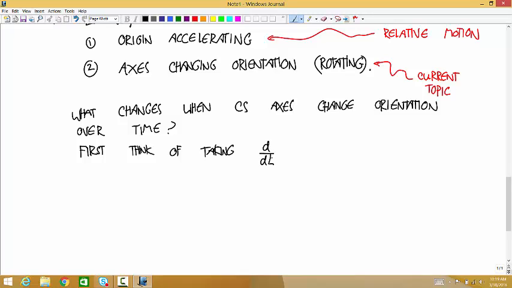So take d dt of a vector u. This is just some arbitrary vector in your coordinate system in a non-rotating coordinate system.